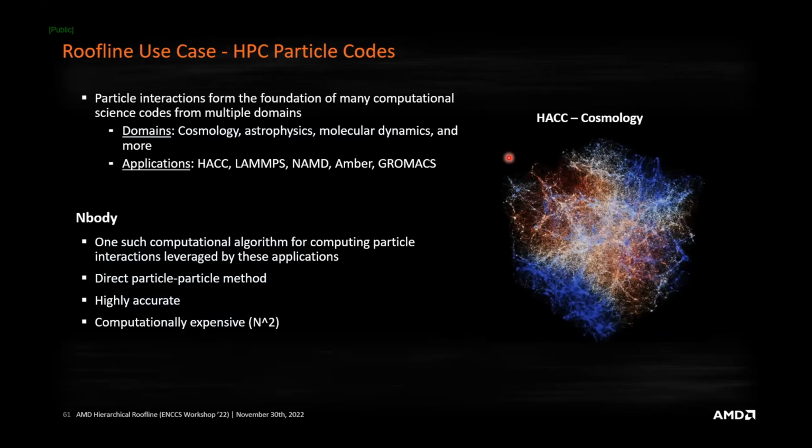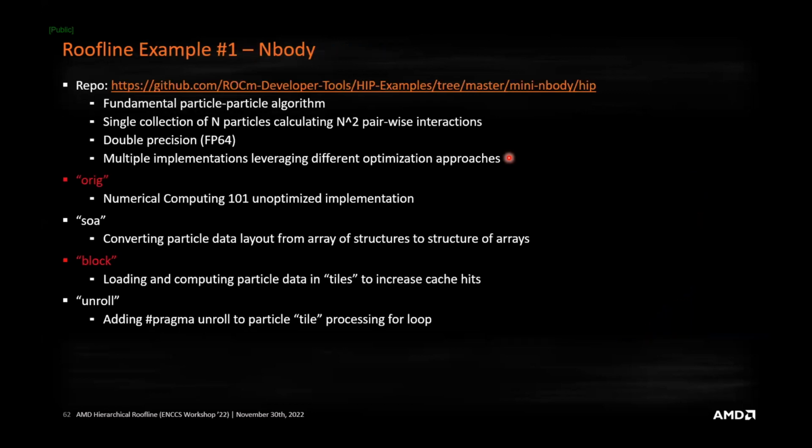We are looping over all particles in our domain and computing their interaction. And so it's computationally intensive. It's an n-squared algorithm. And we have the source code on this public repo, so you can grab it if you want to play with it.